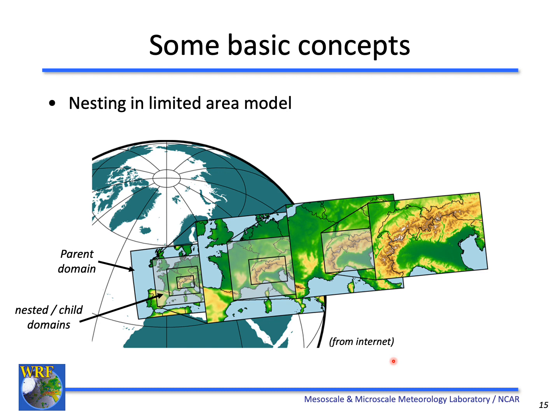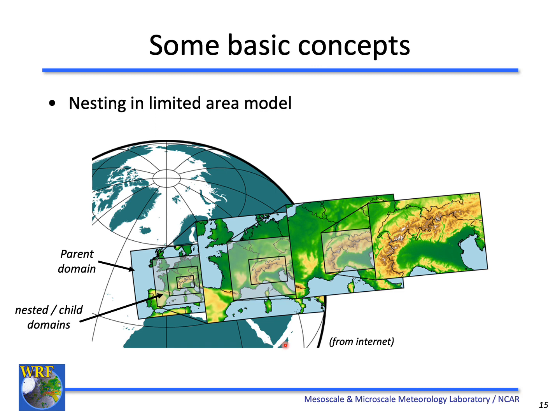Within the limited area model, one can add another domain with high resolution, a method referred to as nesting. One can think of nesting in limited area model in some similar way to a LAM in a global model. The difference is that a nest domain in LAM is run together with its parent domain, and therefore its boundary values are provided by the parent domain at every parent domain time step.